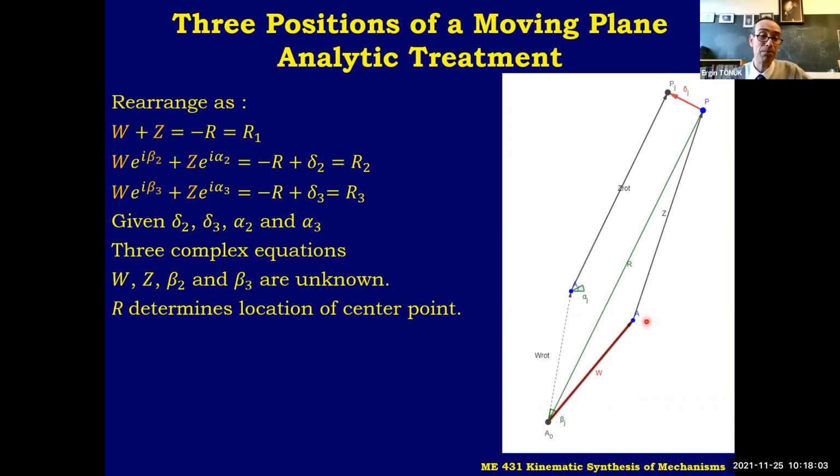But for a selected A0, you will have a unique A. And this makes sense why in graphical design procedure, if you invert the motion, you will have three A0s in the inverted motion, which will have a unique center point, okay?